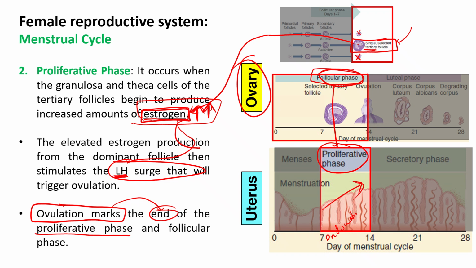And then we said before that this high peak or high concentration of LH is what triggers ovulation. And we know that ovulation is that event where the tertiary follicle will release the egg outside of the ovary. So now let's look at that in the next slide.